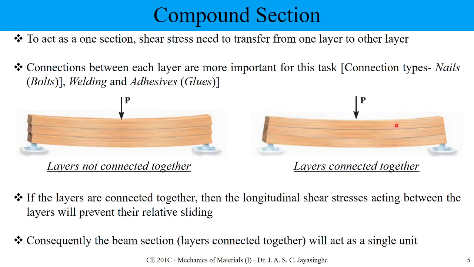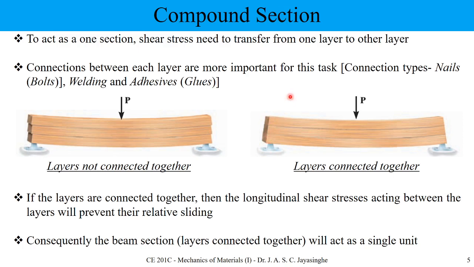So think about some kind of glue or something we have between these layers to prevent relative sliding. If we have such a connection between those layers, then that section or that system is going to work as one unit. That means there is no sliding, so it works as one unit.